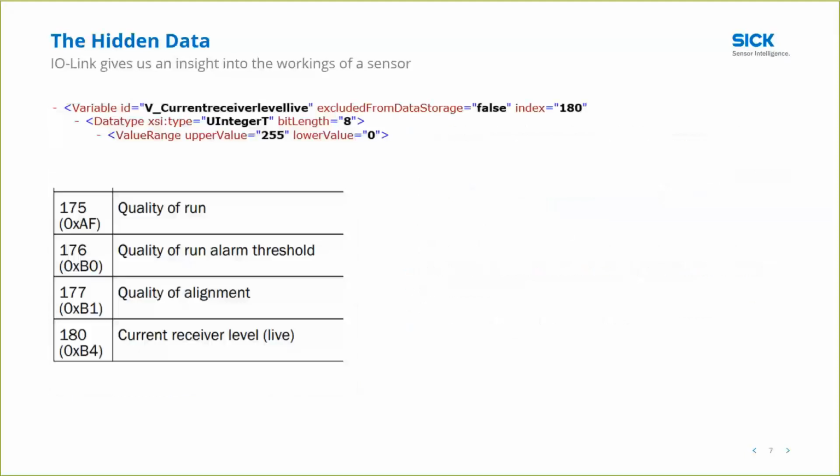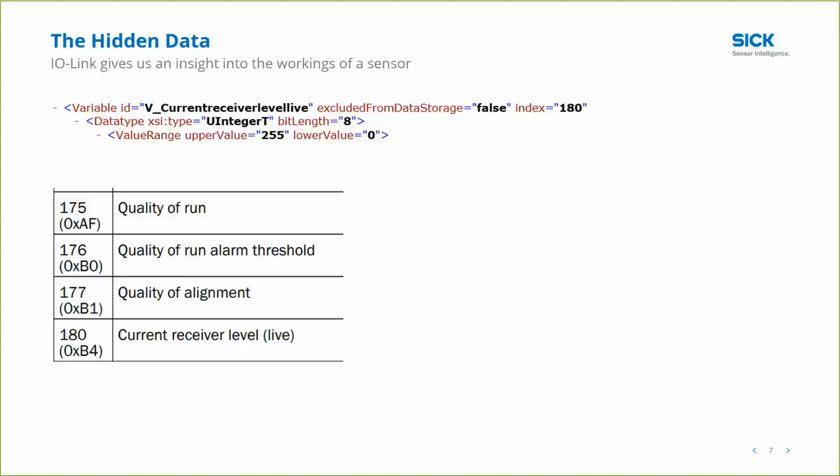So IO-Link gives us an insight into the workings of a sensor, but we need a way to understand what's going on. And you may have heard talk of IODD files, which every IO-Link sensor has its own. So it's an input-output device description file.